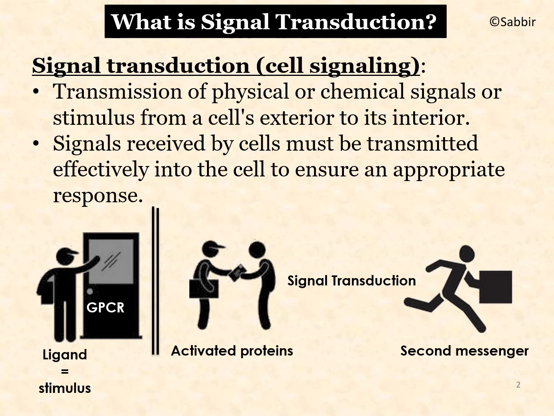So when a touch or temperature stimulus occurs, these ion channels get activated due to conformational change, and as a result the ions move across the membrane, and this causes a change in the membrane potential, which is then converted to an electrical stimulus and conveyed to different tissues or other organs. For example, touching some hot object can create an electrical stimulus which is conveyed to the muscle cells, which then contract and help us exhibit a withdrawal reflex.